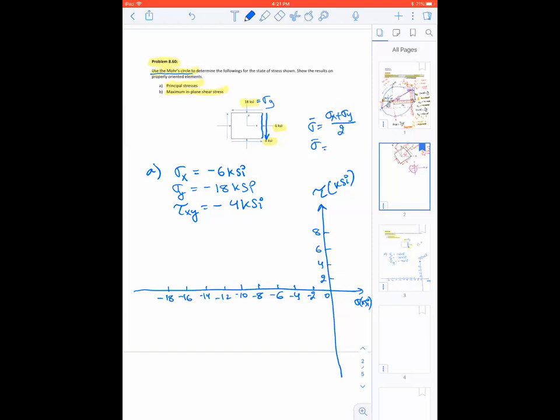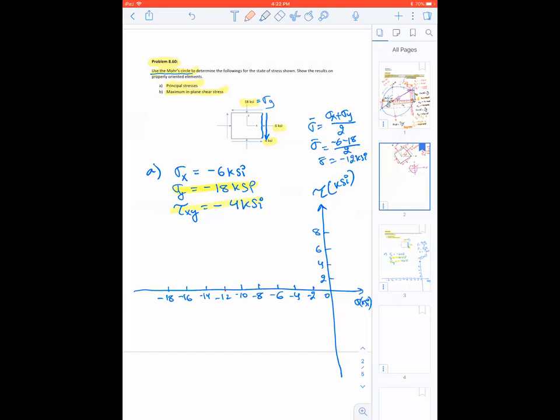So sigma bar turns out to be minus 6 minus 18 over 2. That gives me around minus 12. This will help you with your Mohr circle sketching, because you now know this is the center of your circle.